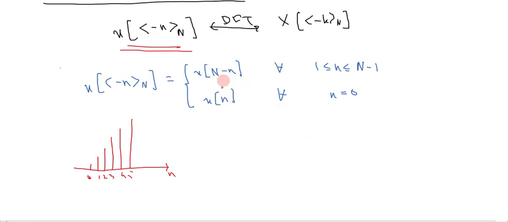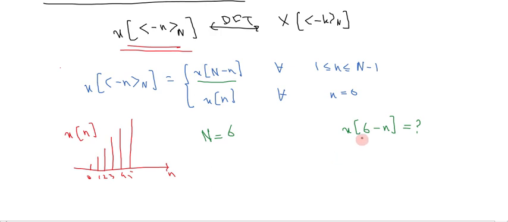Now for this signal, first thing is here your N is equal to 6. The first thing is you have to find x of 6 minus n, and this is your x of n.